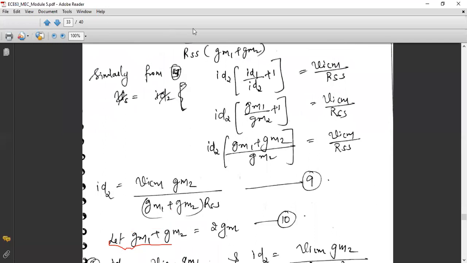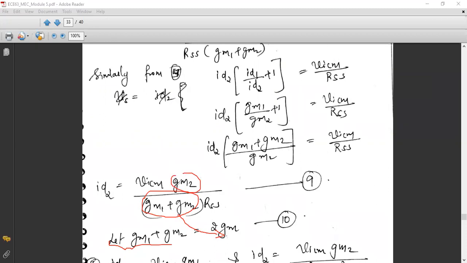We would like to replace this particular term with 2gm because we are not going to take the effect of mismatch on the denominator, since we are having a sum term, right? The individual term gm1 or gm2 retained in the numerator, we will keep as such.